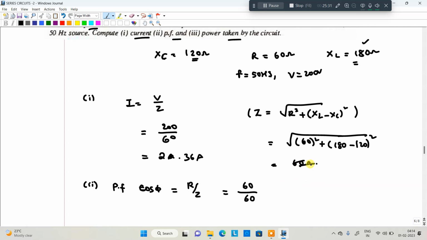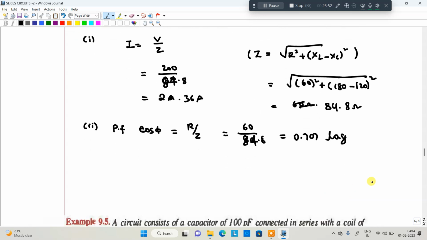Not 60, I'm sorry, 84.8 ohms. So that will be equivalent to 0.707. It is inductive here, it's dominating, so that is lagging. So that point is also done.